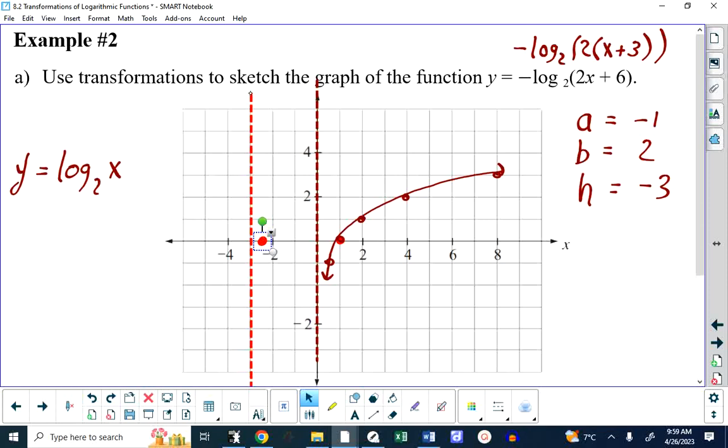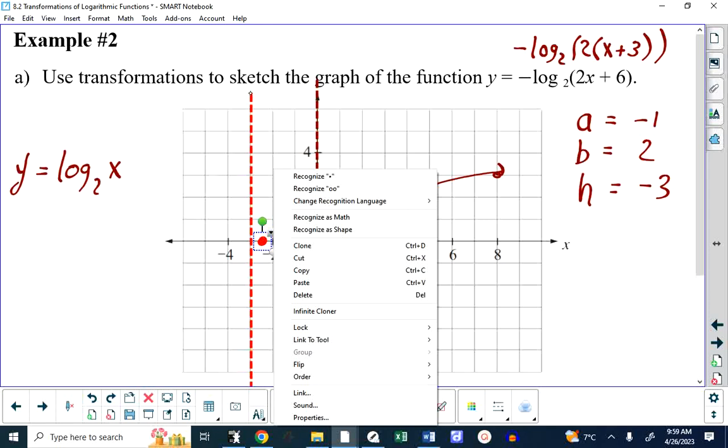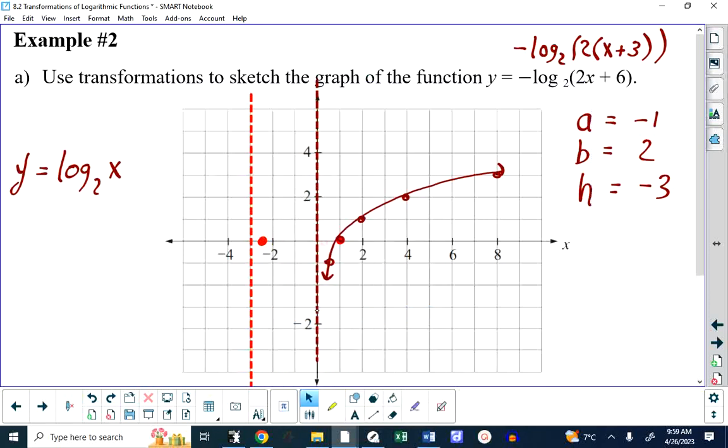If I take this as a key point and I reflect it vertically, it ends up being here. I stretch it horizontally by 1/2, it ends up being here, which currently is 1 away from the asymptote that we're starting with.